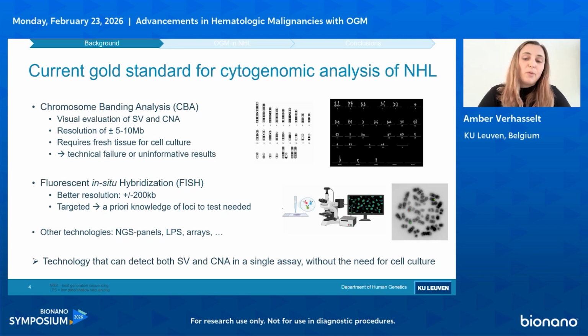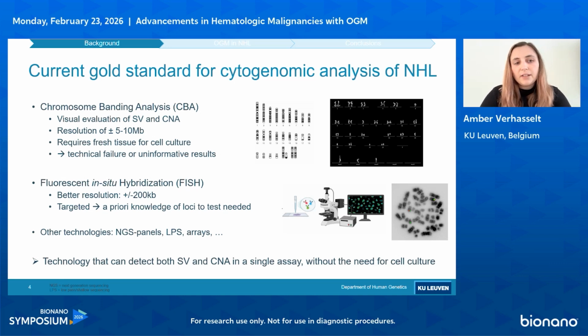In case of complex results, sometimes aberrations can be overlooked. One of its main drawbacks is that it requires fresh tissue for cell culture, and that's one of the main reasons why technical failure or uninformative results can occur. This can be due to the sample being too small to start a cell culture, or it could be degraded during transport, but there can be other reasons as well.